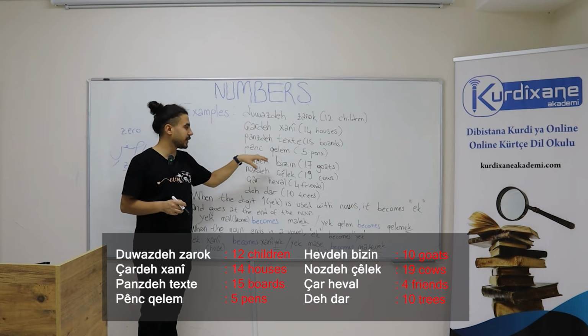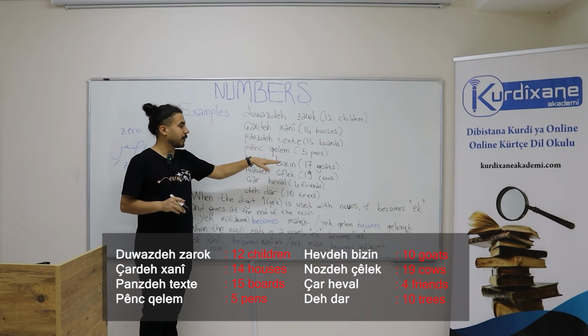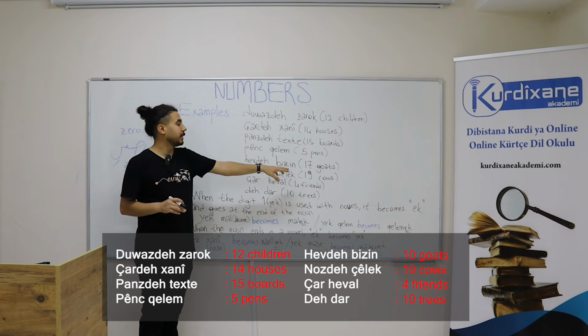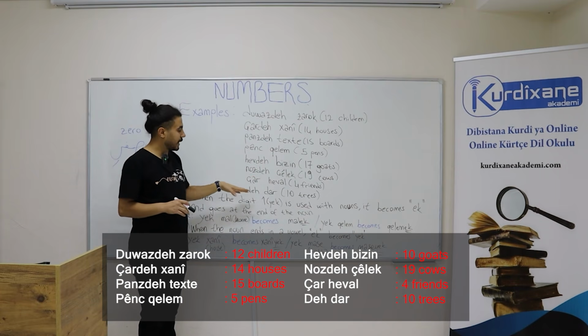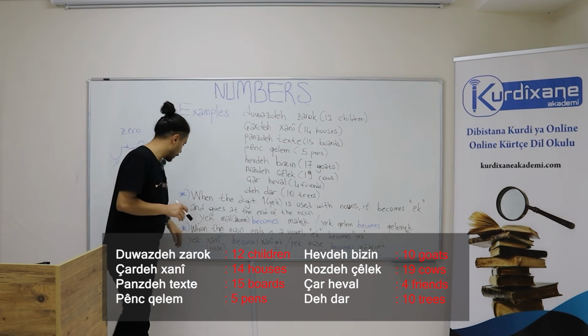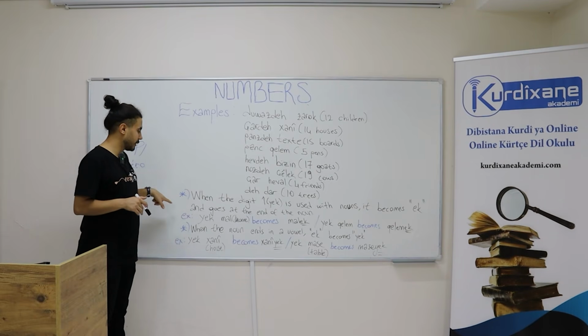You also see the digits. 17 bizin, 17 goats. 19 chelek, 19 cows. 4 haval, 4 friends. 10 dar, 10 trees.